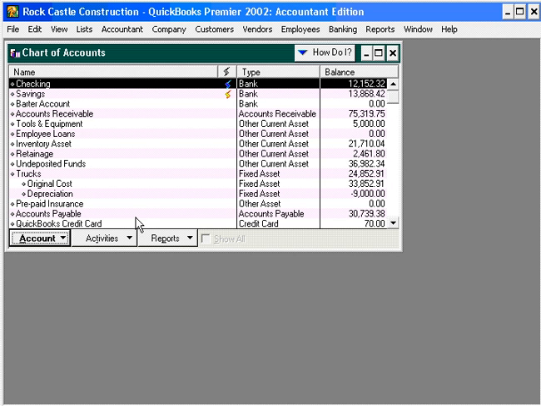Here, the chart of accounts, every line item here is represented on the financial statement. Next, we're going to talk about accounts and account types and how this column determines where the account appears on the two financial statements.